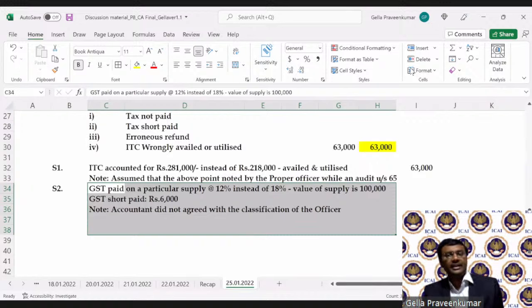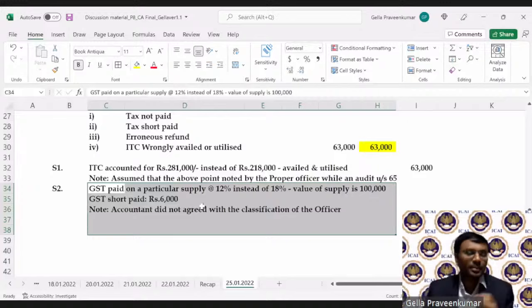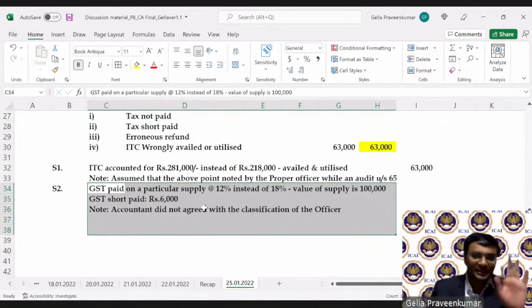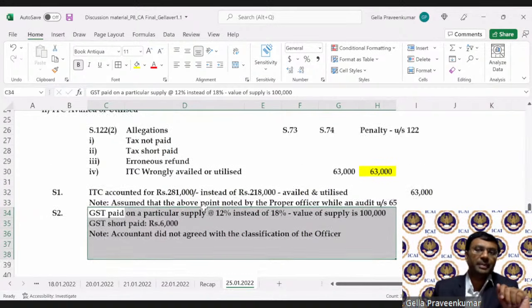Akshay says 73. Good. Now, this is an activity not done erroneously. The accountant has admitted that it was done so, but always the proper officer, when he demands, the point of contention is that this was done with no intent of payment of tax.